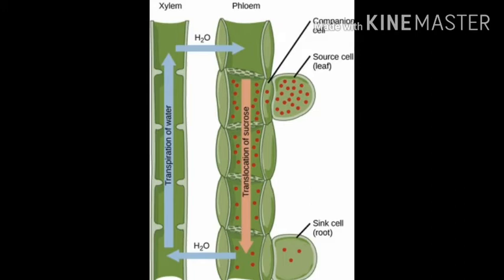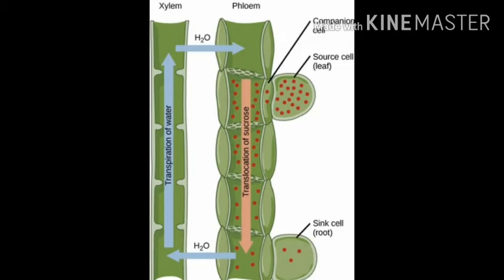In this way, transportation of food takes place. You must remember here, unlike xylem, materials can move in both directions in the phloem tissue.